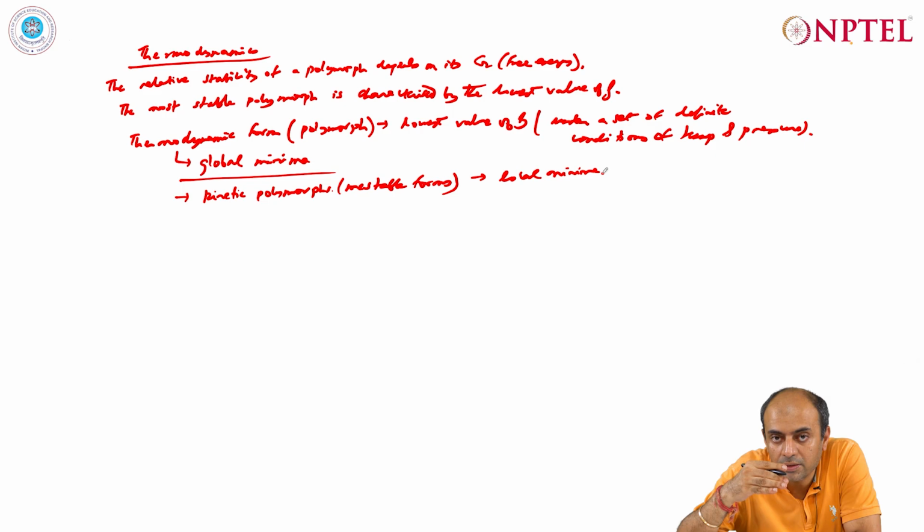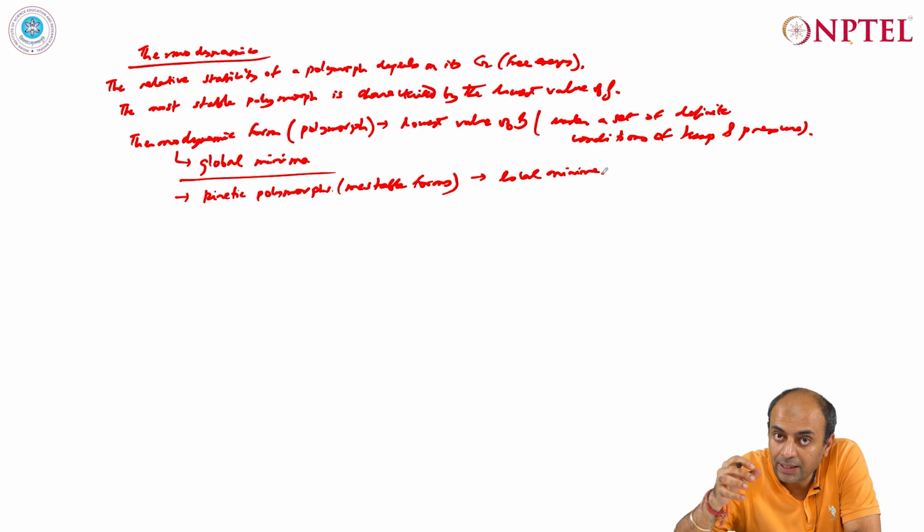The interesting thing here is that the kinetic polymorph would always like to convert to the thermodynamic polymorph, and how fast this process takes place is not defined. It can take place within a few days to a few months, and sometimes the kinetic form has got metastability associated with it. It is less stable compared to a thermodynamic polymorph.